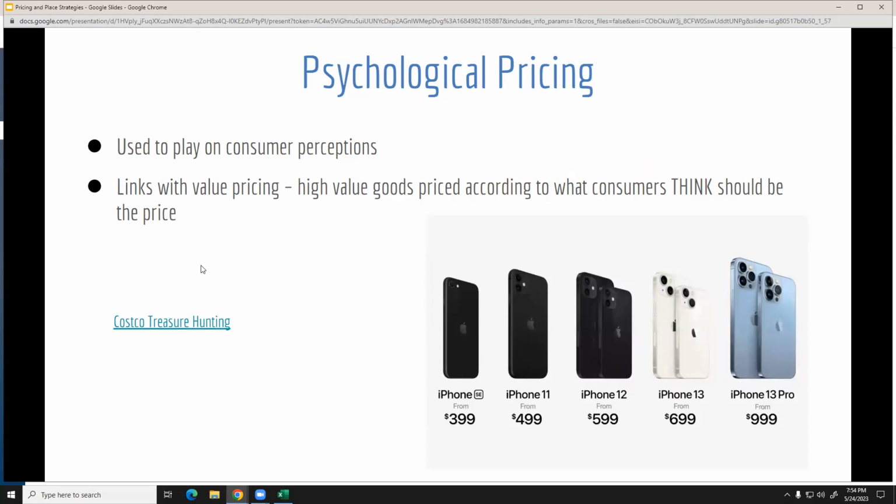Now we also want to look at psychological pricing. So it's used to play on consumer perceptions. And it's always 0.99. Seems like it's always 99.